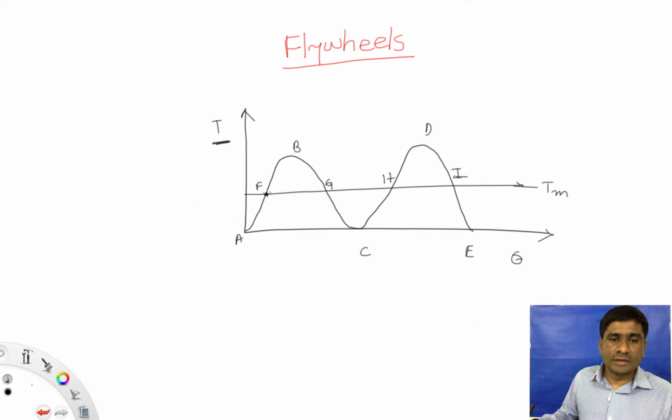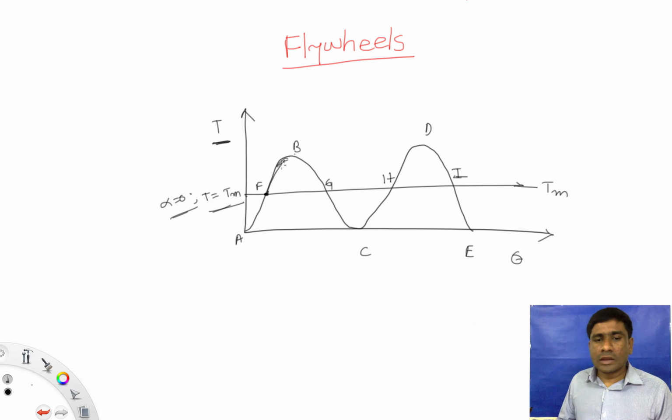But in this scenario, when the crank rotates from F to B, this torque is increasing. When torque equals T mean, alpha, that is angular acceleration, equals 0. But when the crank is rotating from F to B, it is gaining some acceleration because of the increased speed.